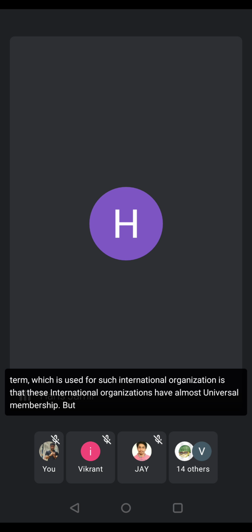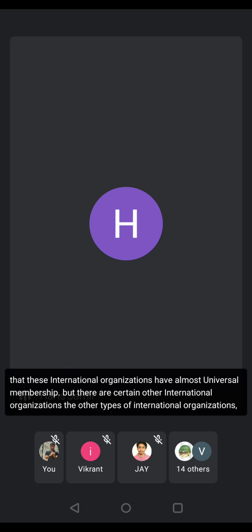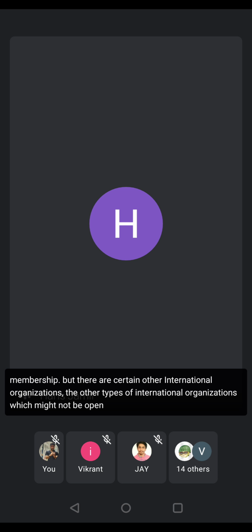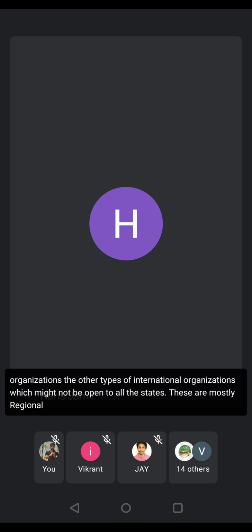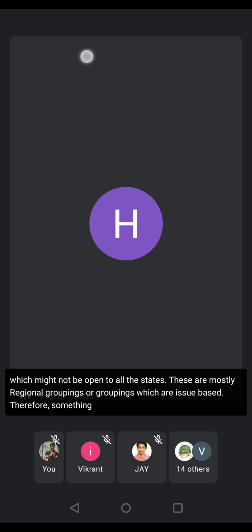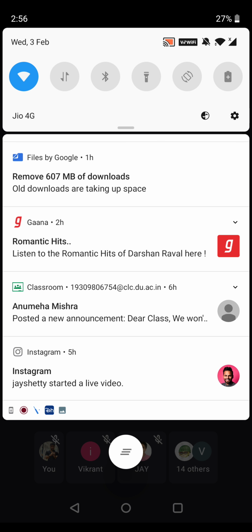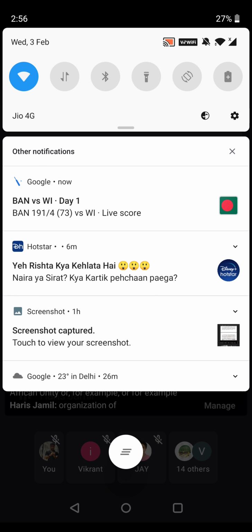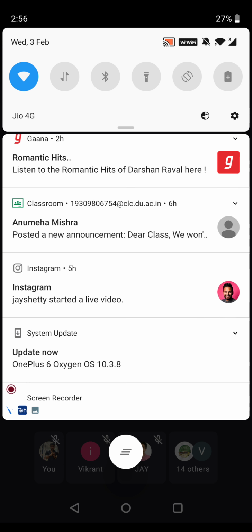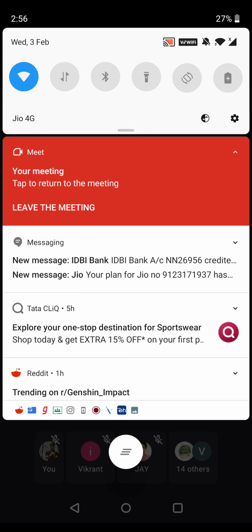But there are certain other types of international organizations which might not be open to all the states. These are mostly regional groupings or groupings which are issue based. Therefore, something like the European Union, the Organization of African Unity, the Organization of American States, or SAARC in South Asia.